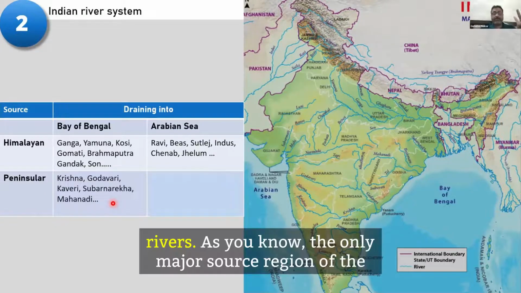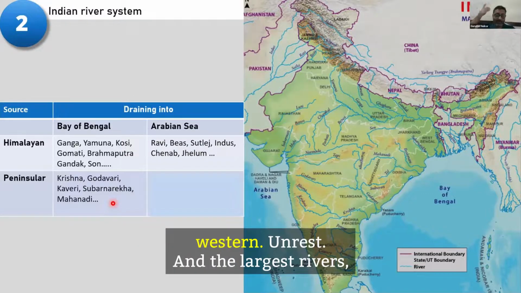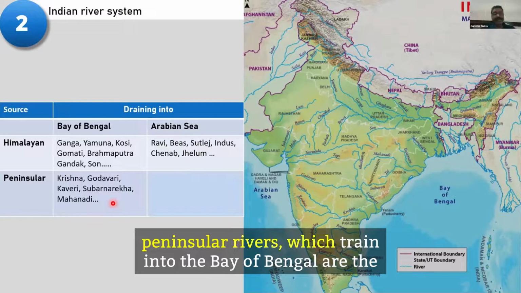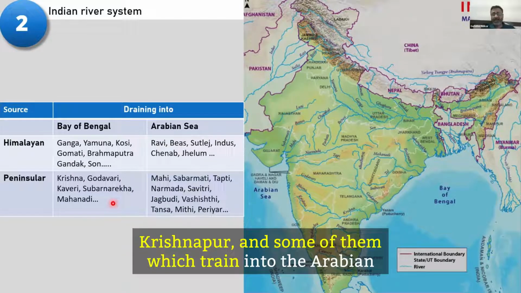The Peninsula Rivers, as you know, the only major source region of the Peninsula Rivers are the Western Ghats, the northern Western Ghats and the southern Western Ghats. And the largest peninsular rivers which drain into the Bay of Bengal are the Krishna and some others, and some of them drain into the Arabian Sea.